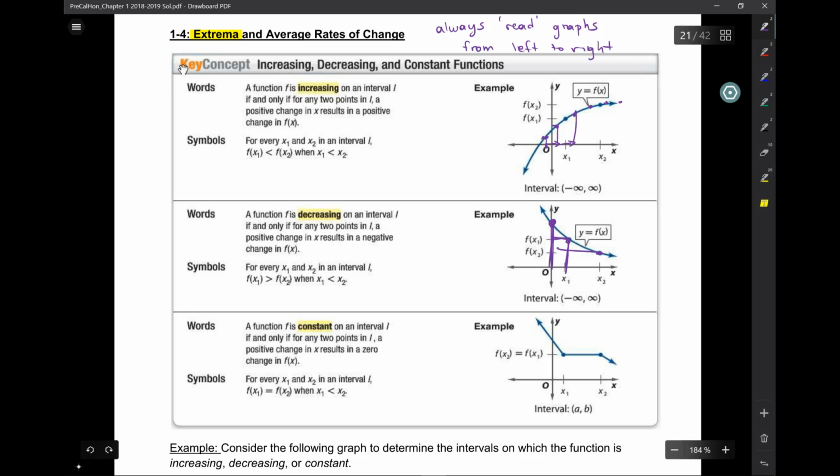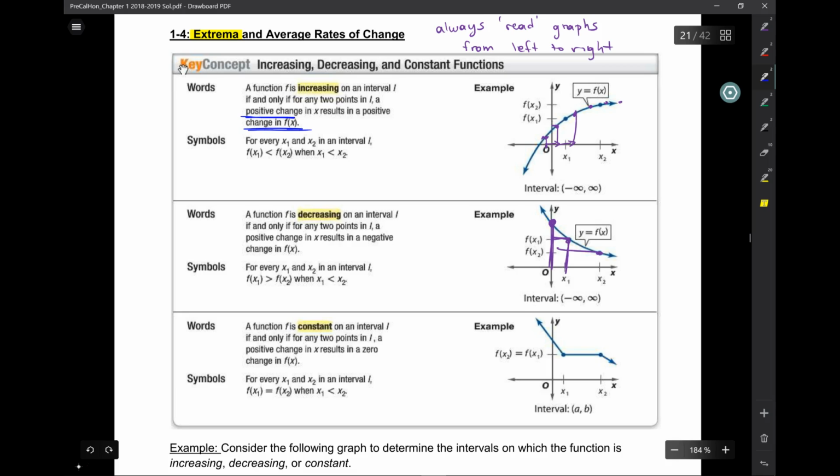Another way to say that is as you move over, there is a change in your y values. Here, a positive change in x results in a positive change in y.